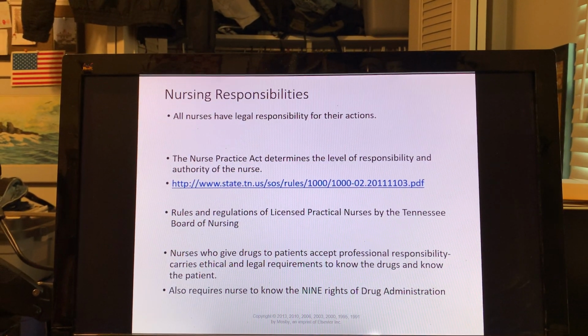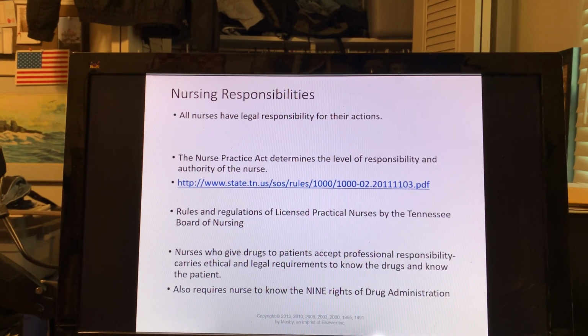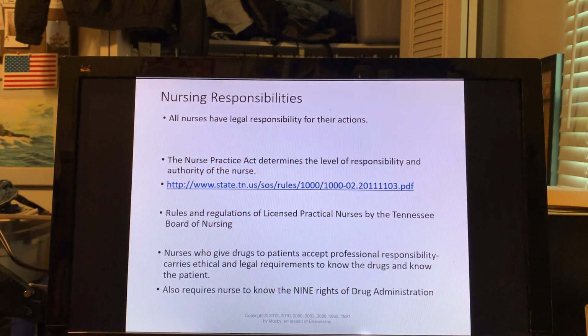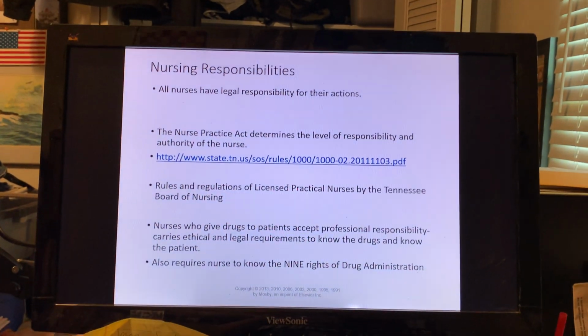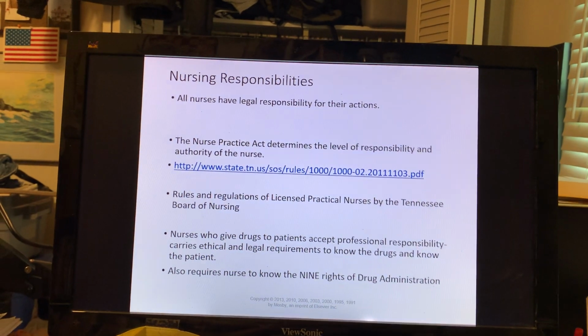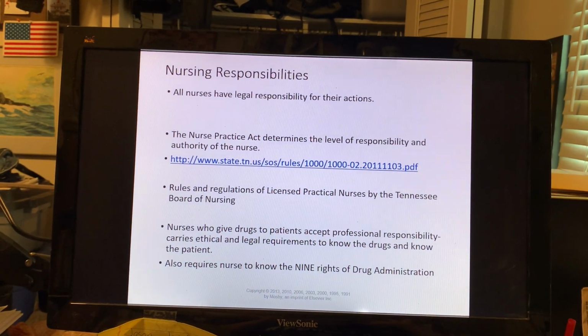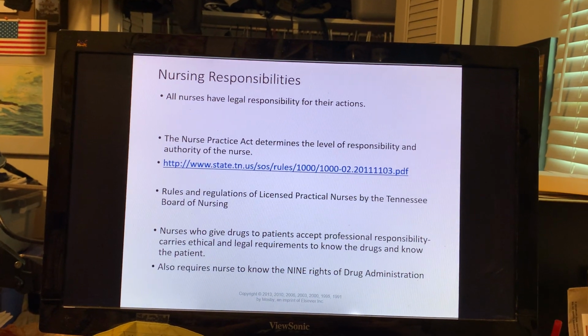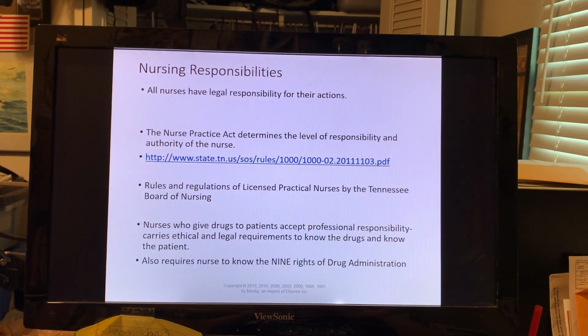Of course, anytime we give drugs to a patient, we are accepting professional responsibility. And even though there's a healthcare provider and a pharmacist involved, basically the buck stops with us. Very important to know that you've got your 9 rights of drug administration and you're using them.